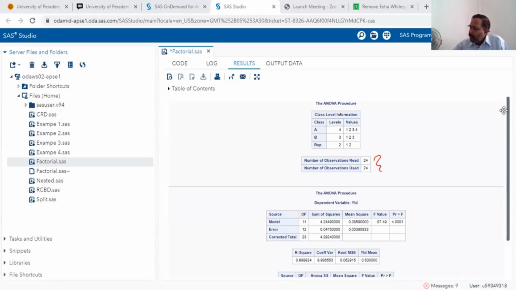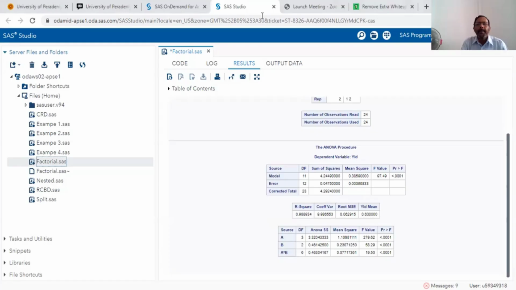Right, now we go for the ANOVA table. This is most important. Model is significant. Again, I don't want to repeat how we say significant, because the p-value is less than the alpha value, it is significant. Now, the model consists of what?